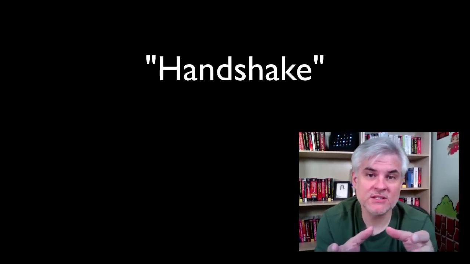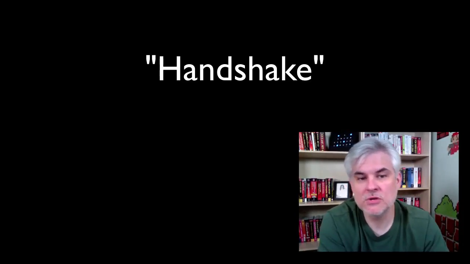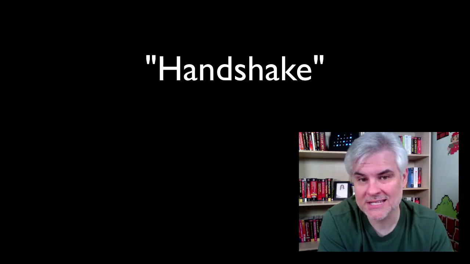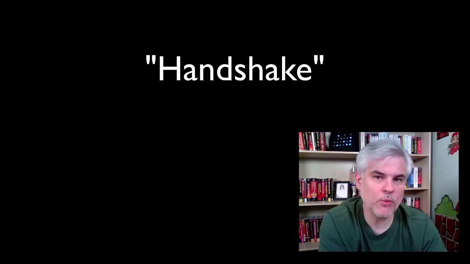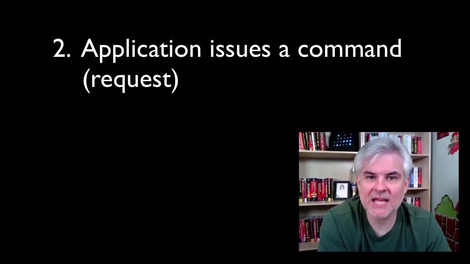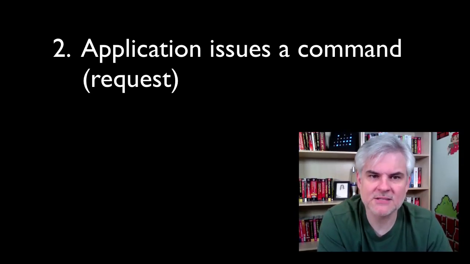In some cases, that handshake is very simple. In other cases, the application or the user's credentials have to be passed to the database to determine whether it's even allowed to access that database. So that's step one, the handshake or the initialization phase. Step two, after that initial connection and handshake, the client application can issue a command.